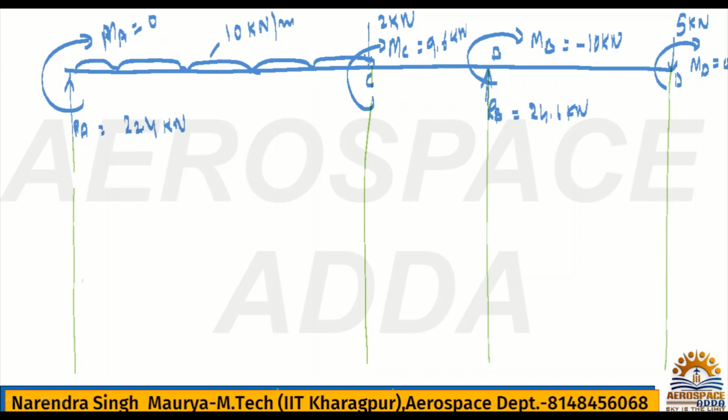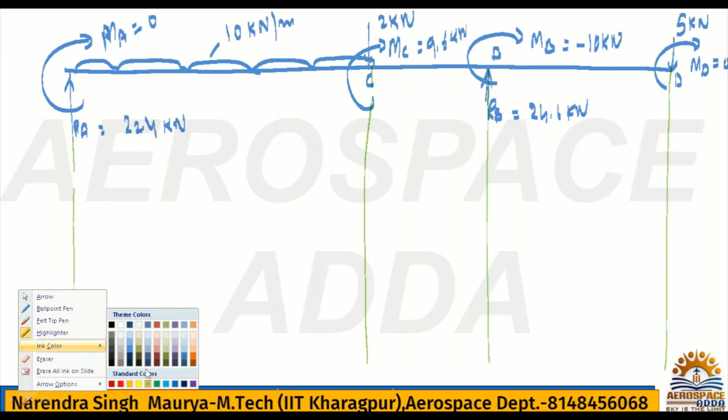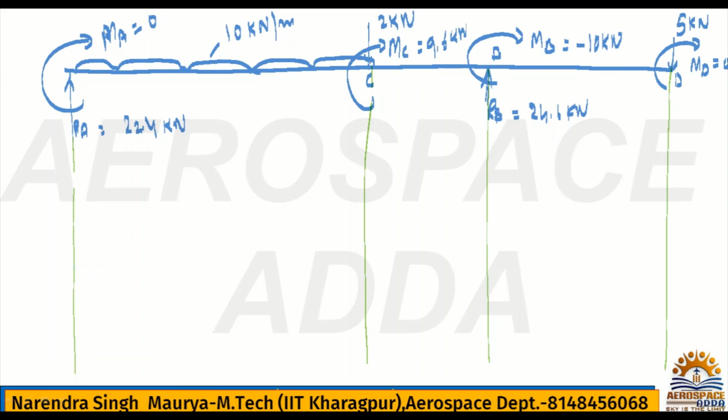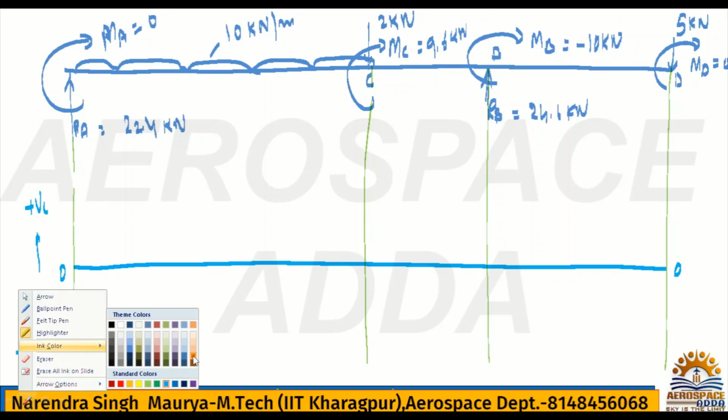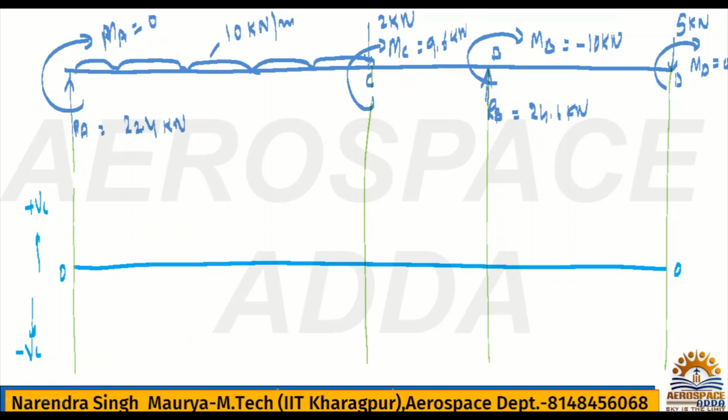Okay, we'll have to take one reference line, as I told you, that will be 0 0 horizontal line. If anything you are getting positive, then it will be upward, negative it will be downward. You just say this is 0 0 reference, right? Now coming to A to C, check this is what UDL, and everywhere you have calculated like moment at point A you have 0, so we'll start from 0.